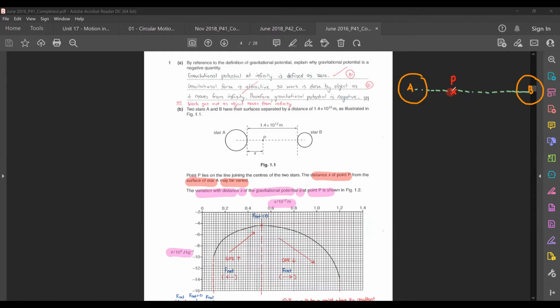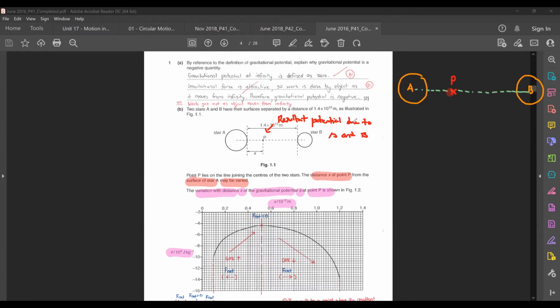I know that the resulting gravitational potential at this point must be due to A and B combined together. The gravitational potential at P is actually the resultant potential due to A and B.